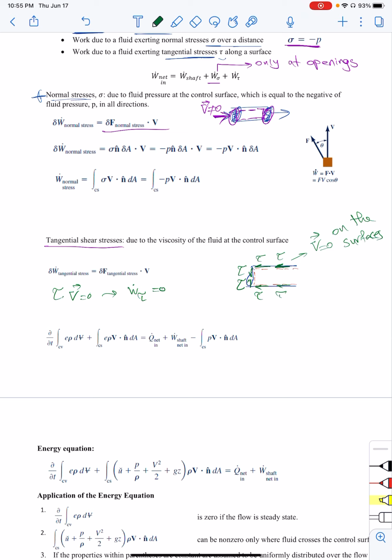So still, if we say that tau is perpendicular to the V, then also tau dot V is going to be 0, then it means that the work due to the tangential shear stress is going to be 0.